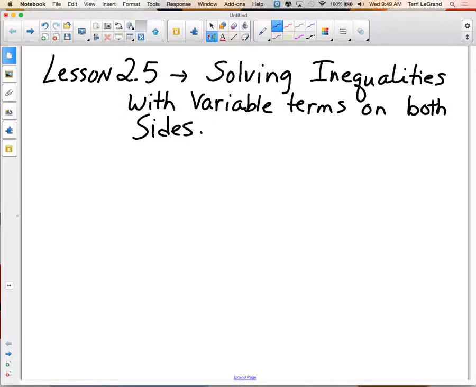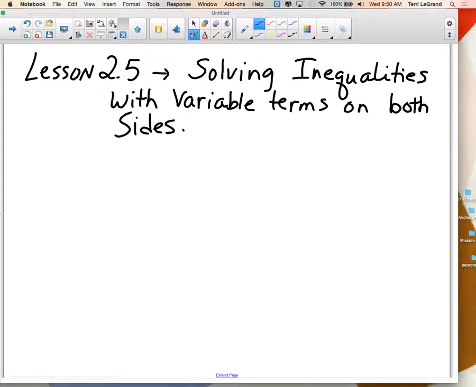When you multiply or divide by a negative. That doesn't mean just because there's a negative involved in the problem, it switches, it's when we multiply or divide by it. So we just follow all the rules for solving equations, except we have to keep in mind that if we multiply or divide by a negative, then we are going to have to switch the symbol.